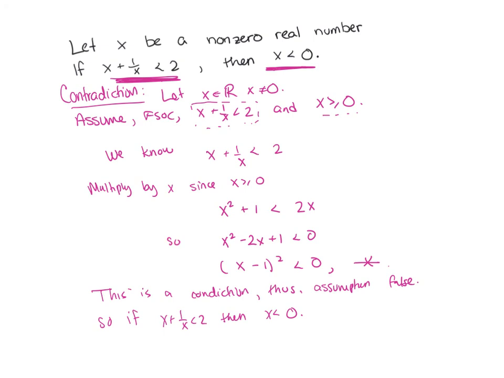So the power of this contradiction is it basically allows us to kind of work both sides at once in a way that a direct proof or proof by contrapositive doesn't. So that is the nice thing about this contradiction.